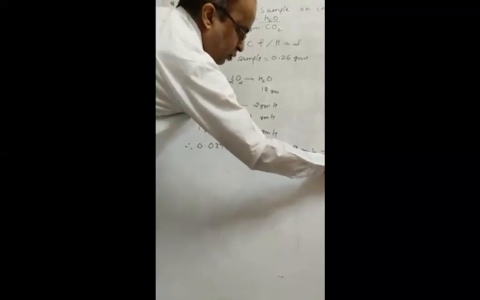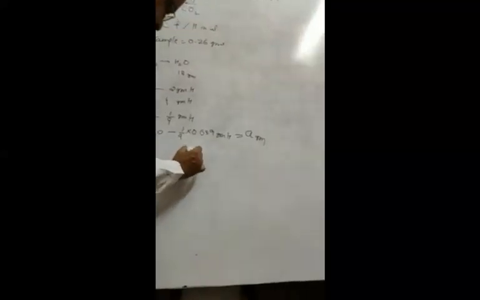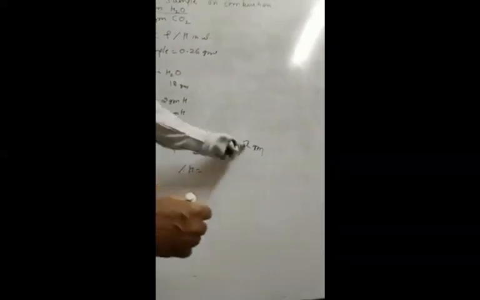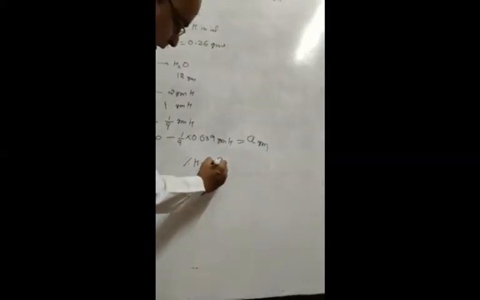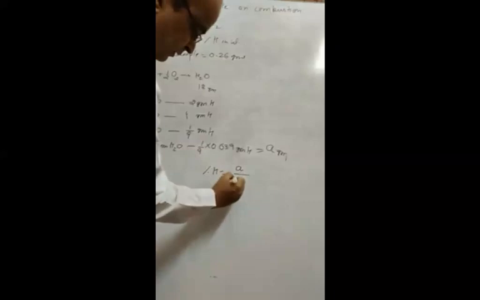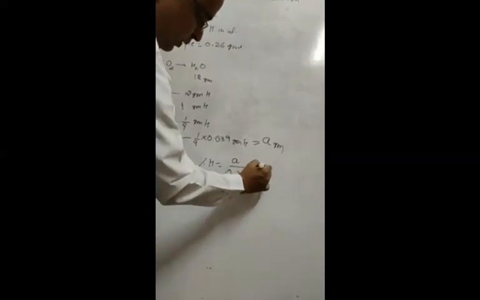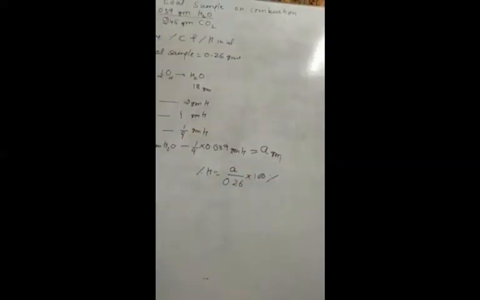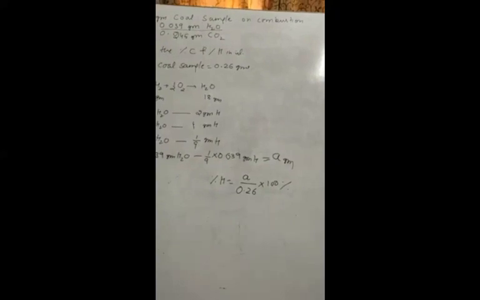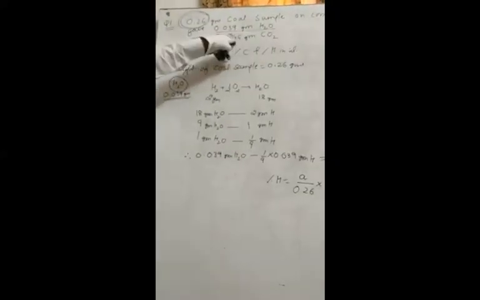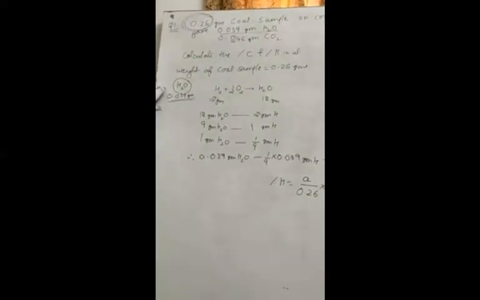Say it comes out to be A grams when we solve it. So the percentage of hydrogen will be the weight of hydrogen upon the weight of the coal sample, 0.26, into 100%.